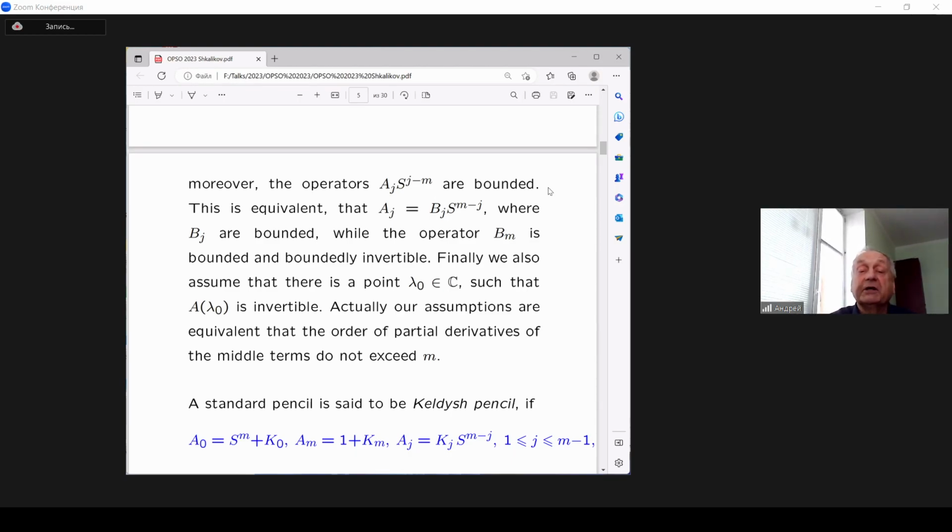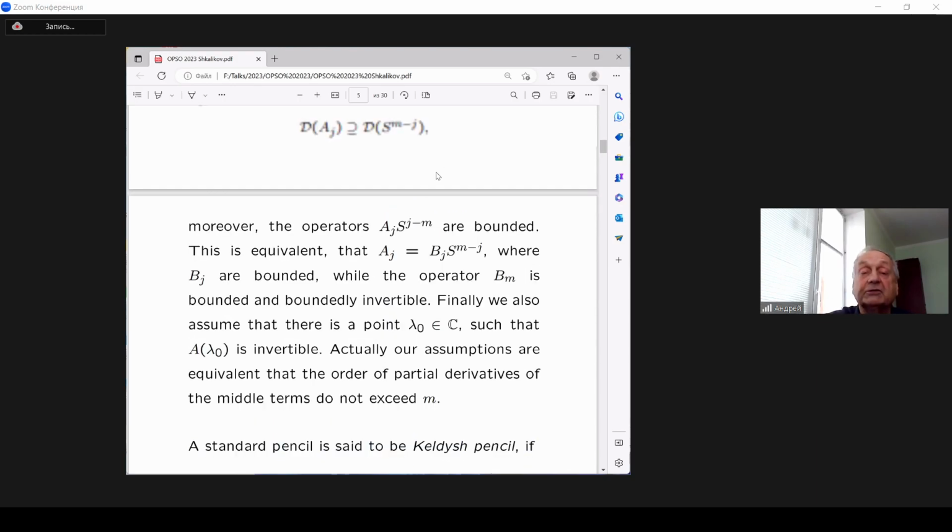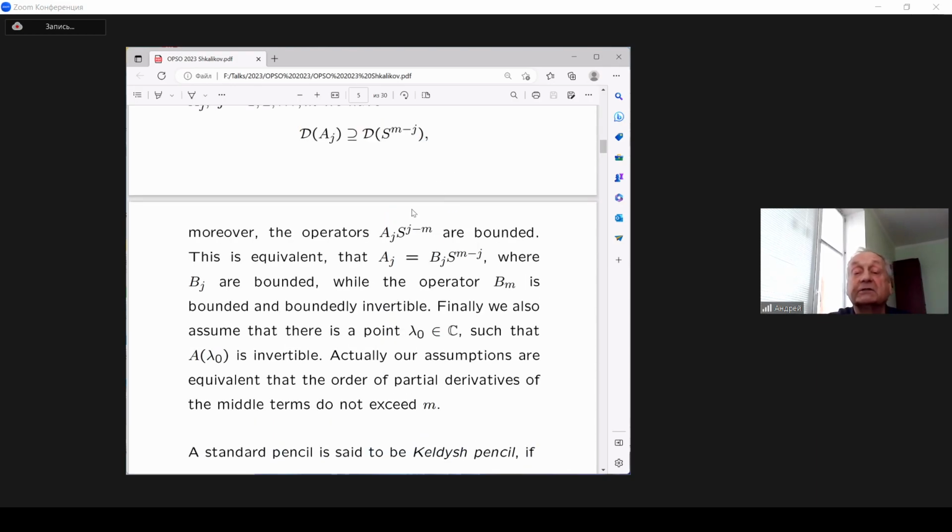So if A_j are closed, then these inclusions guarantee that these operators are bounded, but if they do not admit closure, we have to assume this condition in addition.